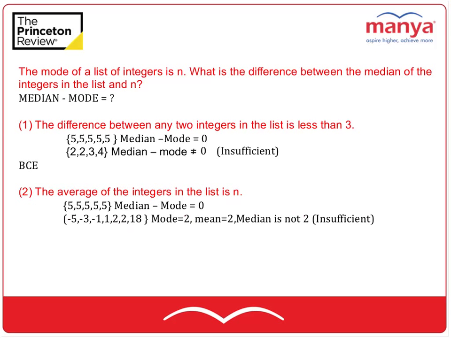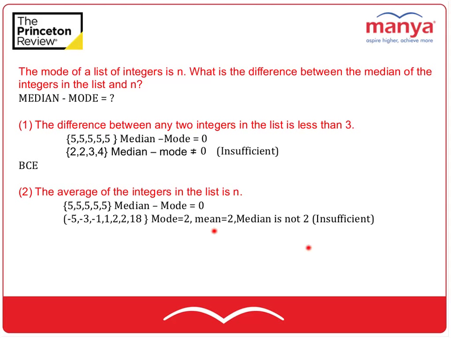When I know the mode is 2 and I also know my average has to be 2, I should have numbers which equate to this. That will be an easier way of choosing numbers. Otherwise, it will not be possible to keep searching for numbers. So always fix one value and move on with that. It will be easy to select numbers. Here my mode is 2, mean is 2, but my median is not 2.